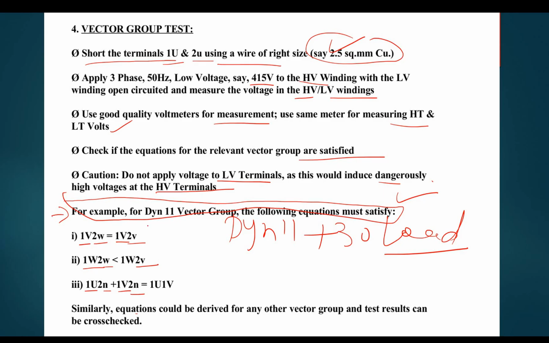So for example, for the Dyn11 vector group, this is the condition to measure and cross check the vector group test.